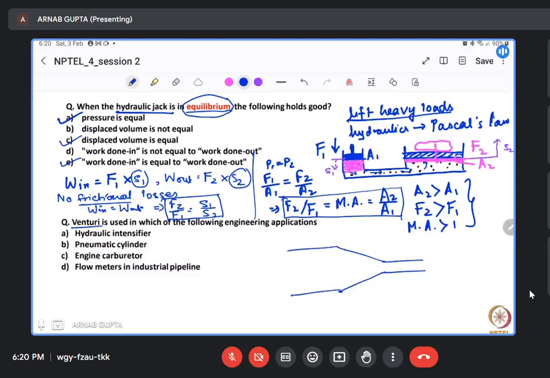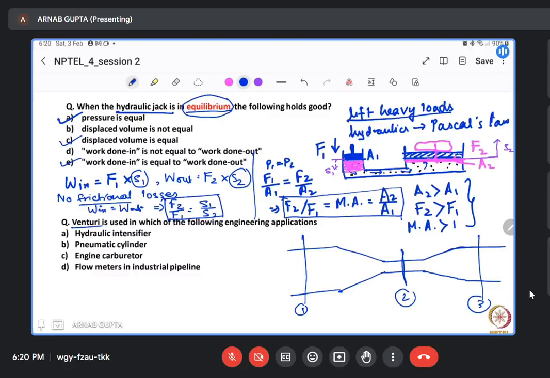It is basically a tube with different cross sectional areas or different cross sections. Generally, the shape of the cross section is circular.